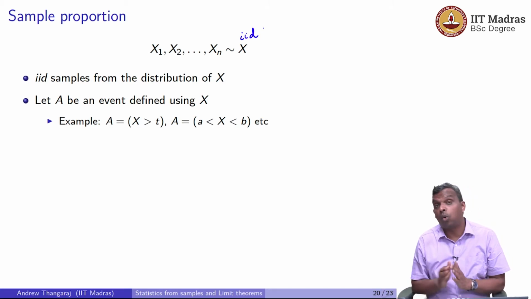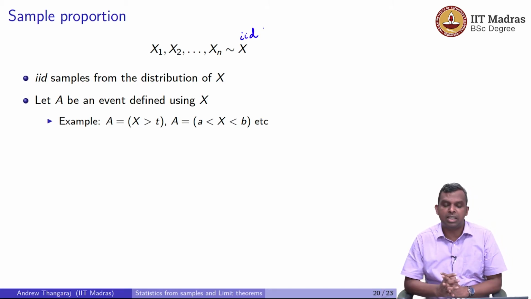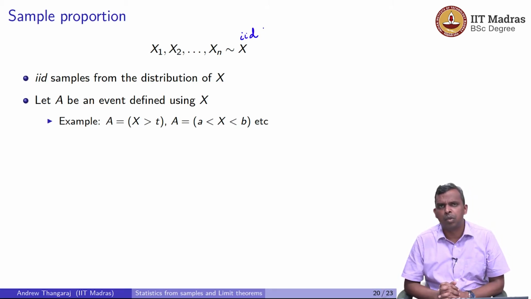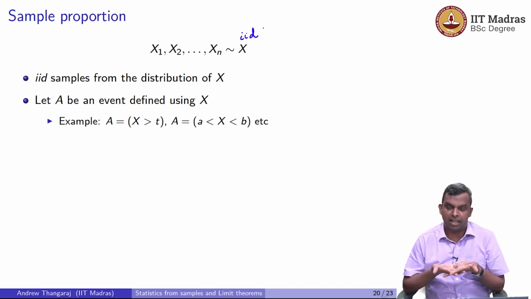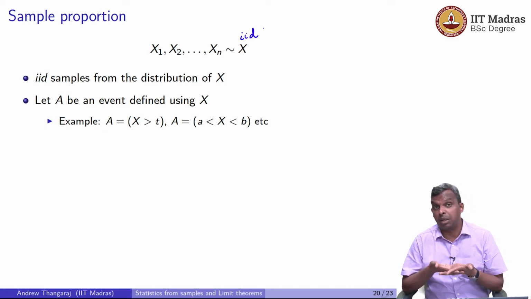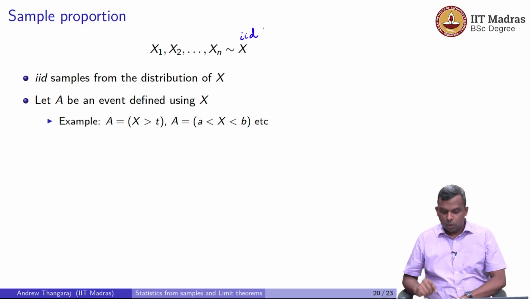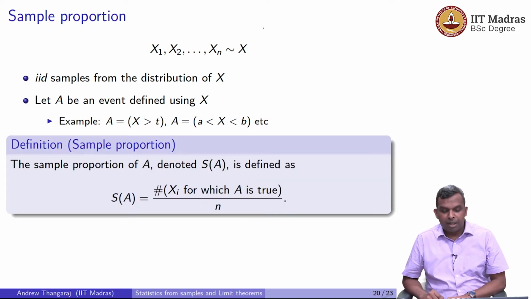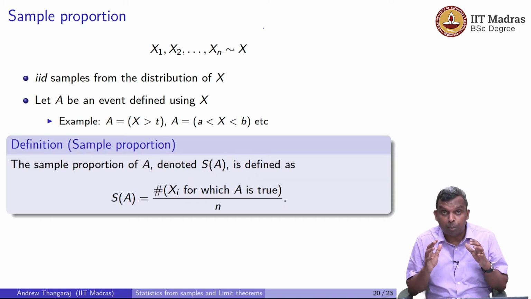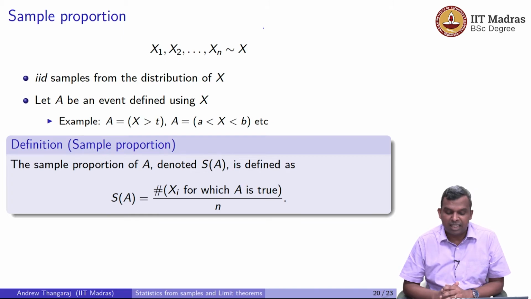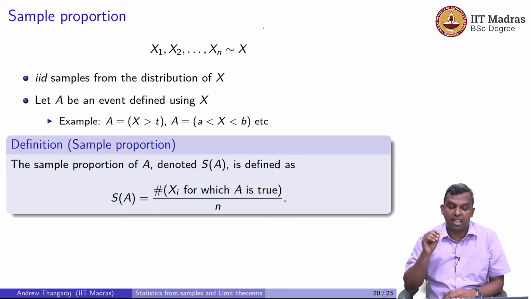Now I have an event A which I have defined using X. I could define it as X being greater than t, or I could define it as X being between a and b. Whatever I want to do with X, I do, and then I define my event A. Quite often I'm interested in something called the sample proportion, which is basically the fraction of Xi for which A is true.